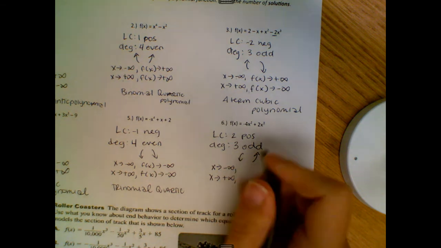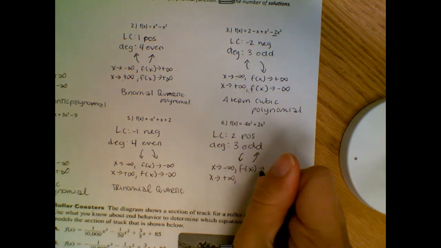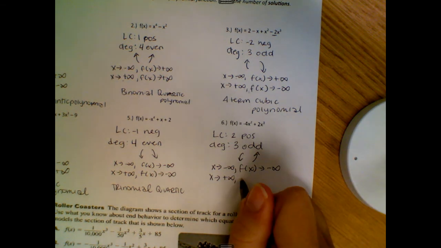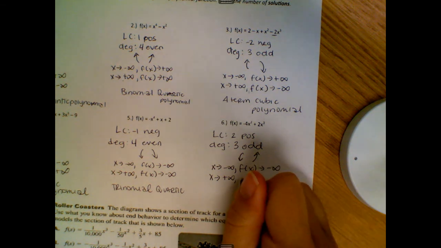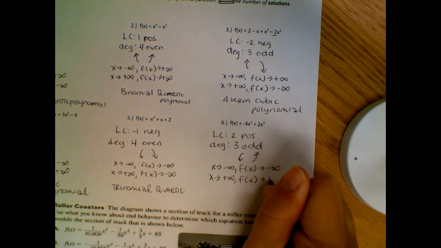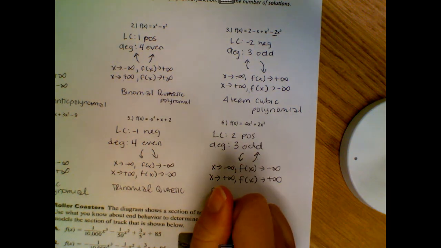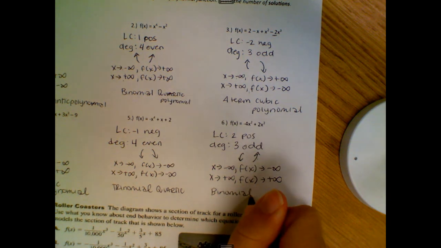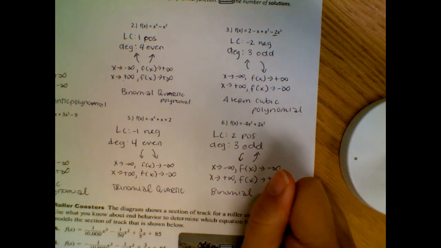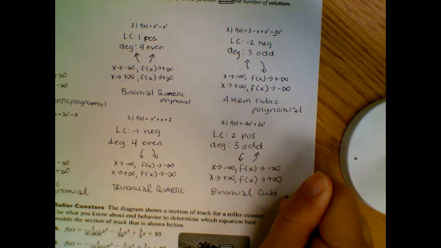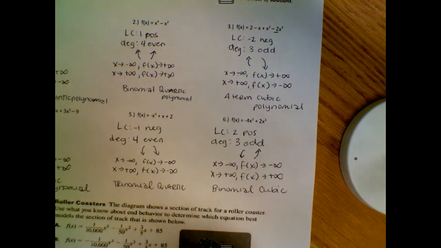My left arrow is going down, so I'm writing down in my fancy math notation. My right arrow is going up, so I'm writing goes up. 1, 2, that's a binomial. And the highest degree is 3, so it's a cubic binomial, whatever you want to write there.